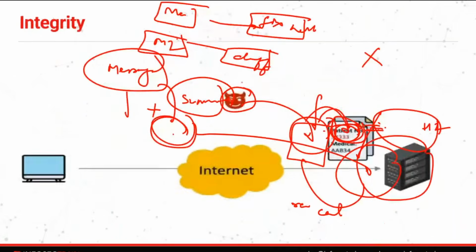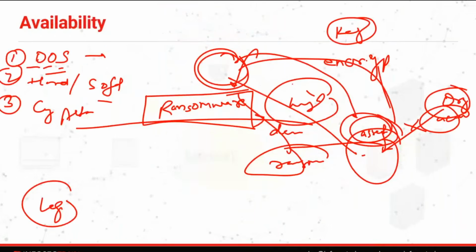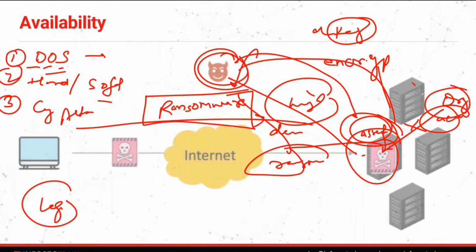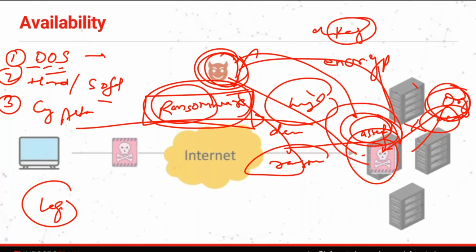Only then is the attacker going to provide this decryption key to the organization, and then the organization can access that asset. So that is your ransomware attack, where the attacker demands ransom in order to provide a decryption key to the organization so that they can access that encrypted data.